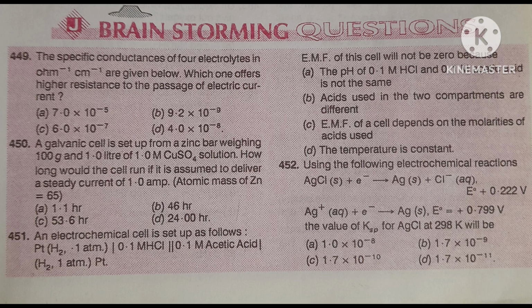In the reaction Zn plus CuSO4 gives ZnSO4 plus Cu, copper sulfate is the limiting reagent. Why? Because zinc is 1.53 mole, but copper sulfate is only 1 mole. Hence, the complete copper sulfate will react. Only 1 mole copper sulfate is there, but zinc is 1.53 mole. Correct? Then copper sulfate is the limiting reagent.